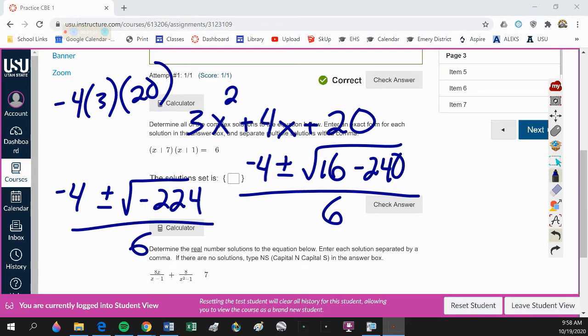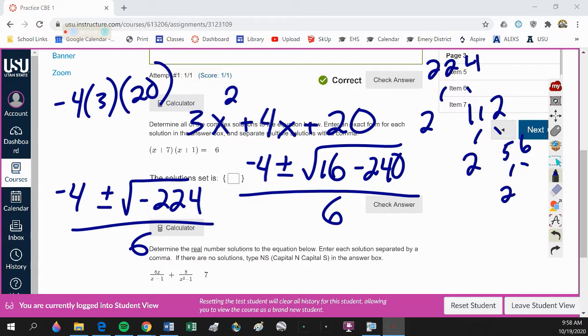So what goes into 224? Well, 2 and 112, 2 and 56, 2 and 28, 2 and 14, 2 and 7.